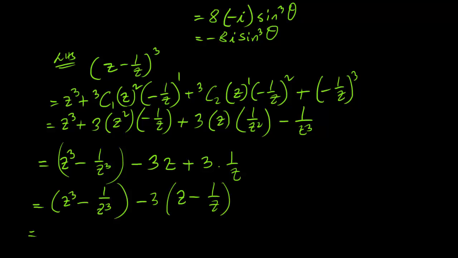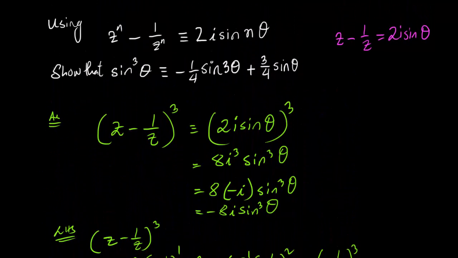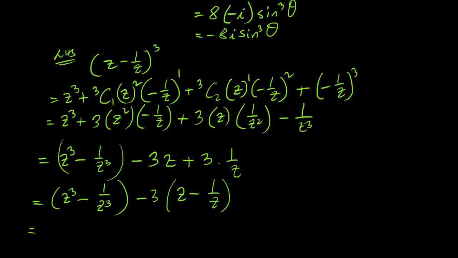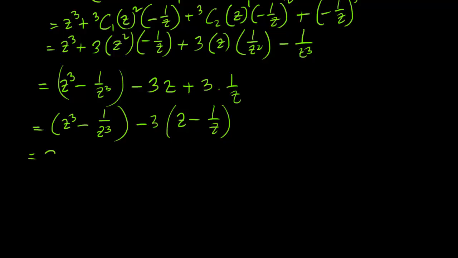So this turns out to be, we know from the question, z to the power n minus 1 by z to the power n is 2i sine n theta. That means this is 2i sine 3 theta because it is z to the power 3 minus 3, and this is going to be 2i sine 1 theta because it is z to the power 1.